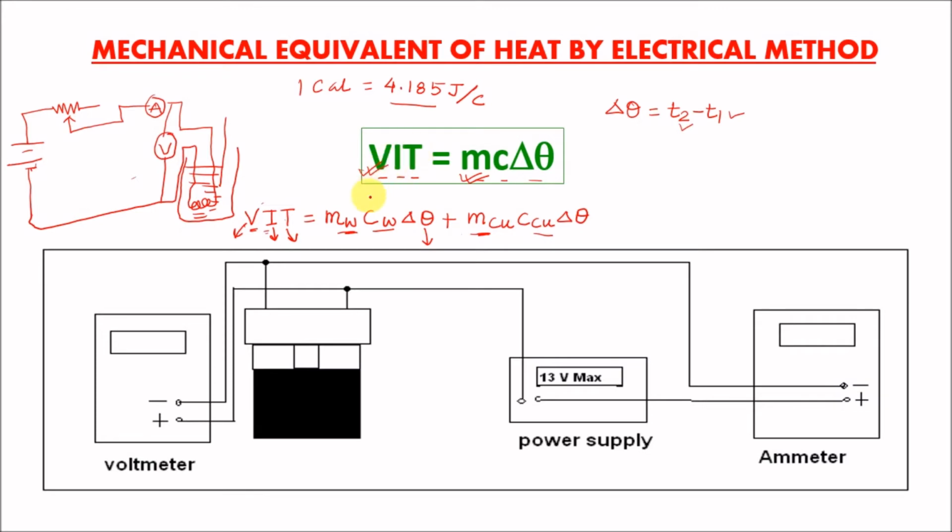This is how we can do the experiment, and we can determine the mechanical equivalent of heat. We now see the actual experimental setup and procedure involved in the experiment in our laboratory.